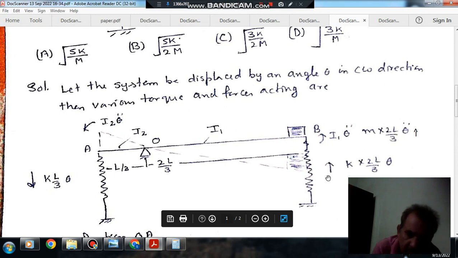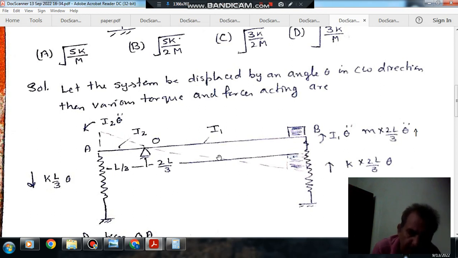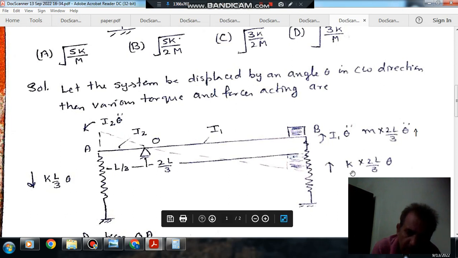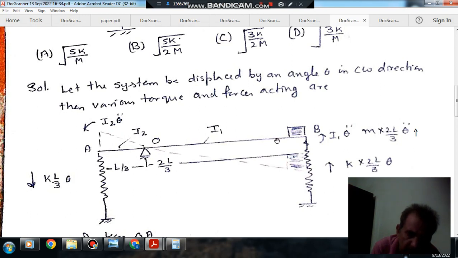Similarly, this displacement will be in upward direction, and this spring force will be in upward direction, and the displacement is this 2L by 3 and this is theta, so the spring force will be K into 2L by 3 into theta, in upward direction. And this mass also gets displaced due to rotation of this bar.